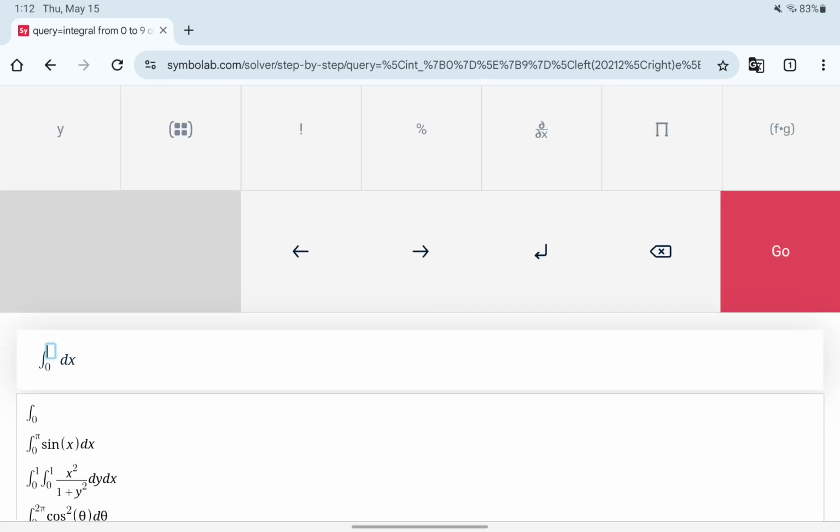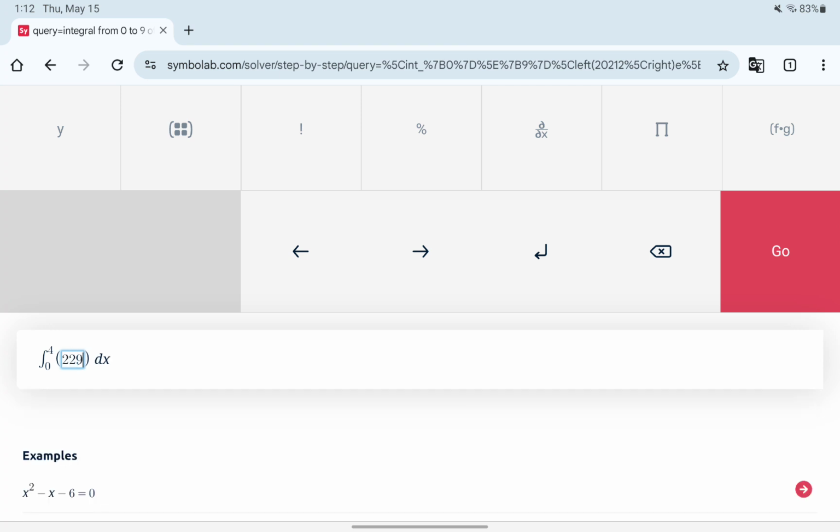In this case, we'll be integrating from x equals 0 to 4. First, we'll enter the rate of flow function that we're given. Then we'll multiply by the e to the negative rt that's in the formula.